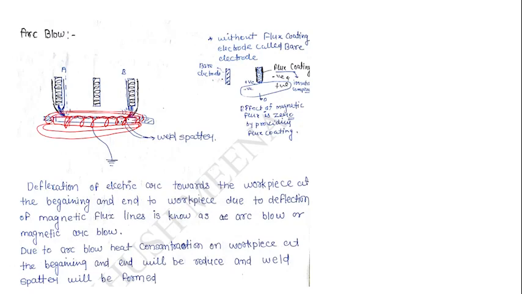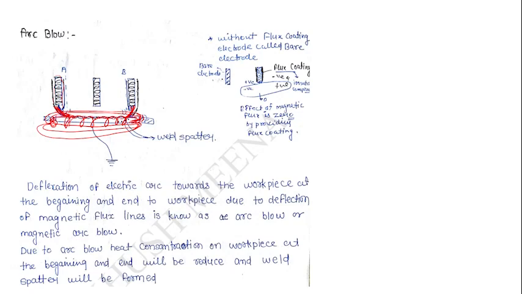So because of that, suppose you have started your welding from here, the direction will have changed. So that is why our electric arc that was depositing on your workpiece will start deflecting towards the inner side of the workpiece, and same for the ending, because here your magnetic flux line will change the direction, it will again start attracting towards the workpiece.